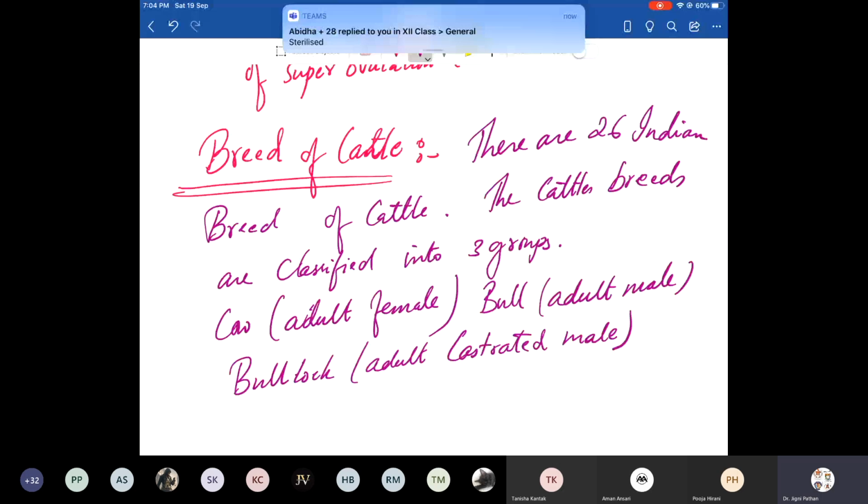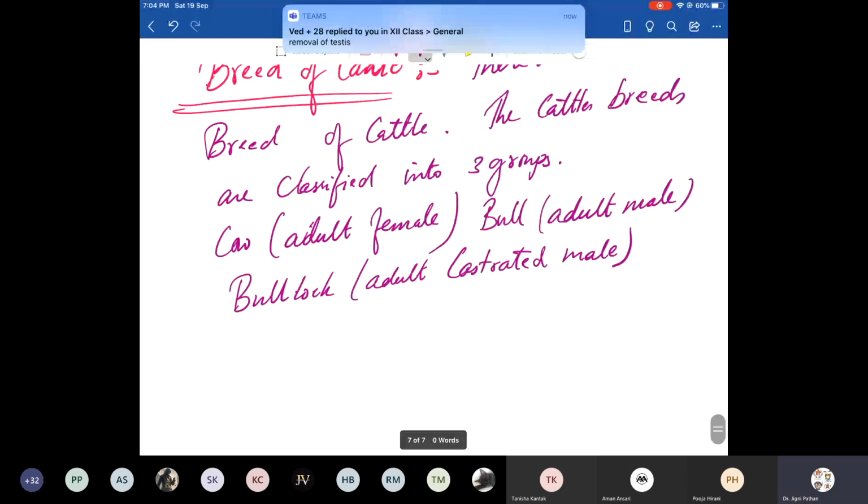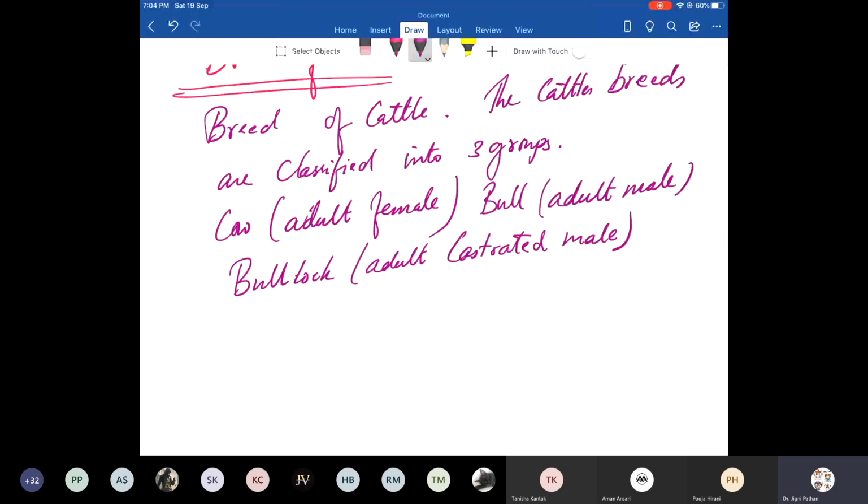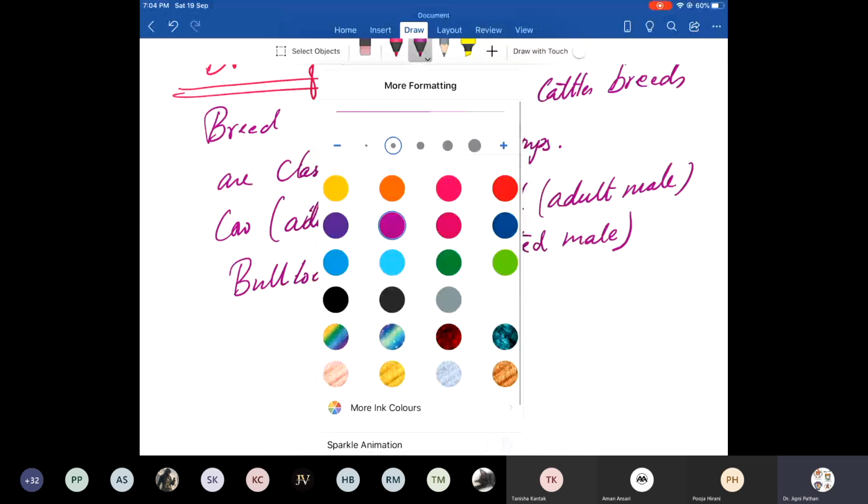So now comes a very important topic. We try to read it easily. Write down the next topic. Who all are tired? Tired writing?